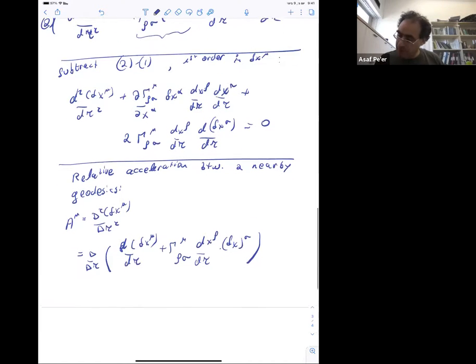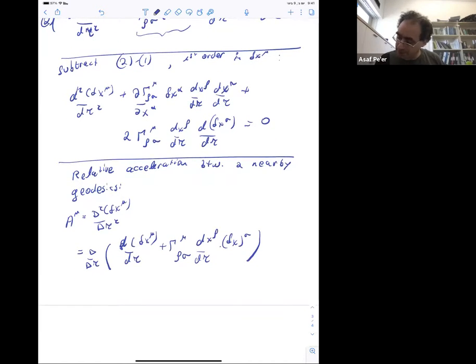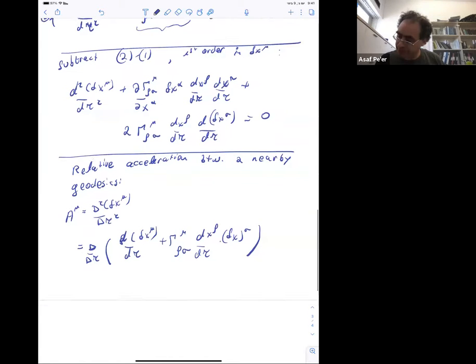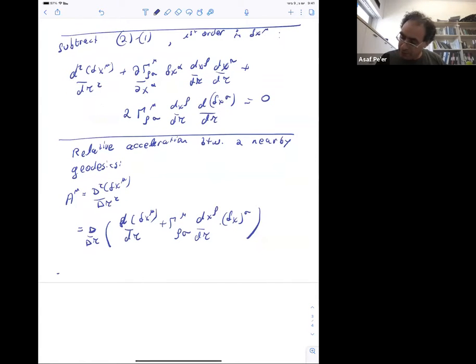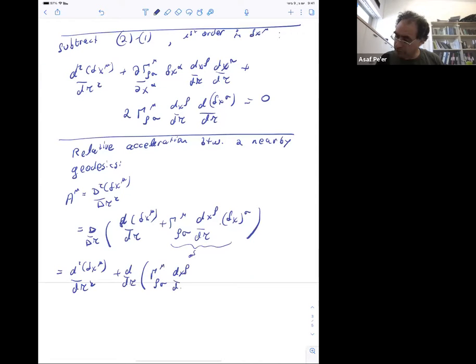And now we need to take the second covariant derivative. So it's the regular derivative: d²δx^μ/dτ² plus d/dτ of everything that is here, Γ^μ_ρσ dx^ρ/dτ δx^σ.